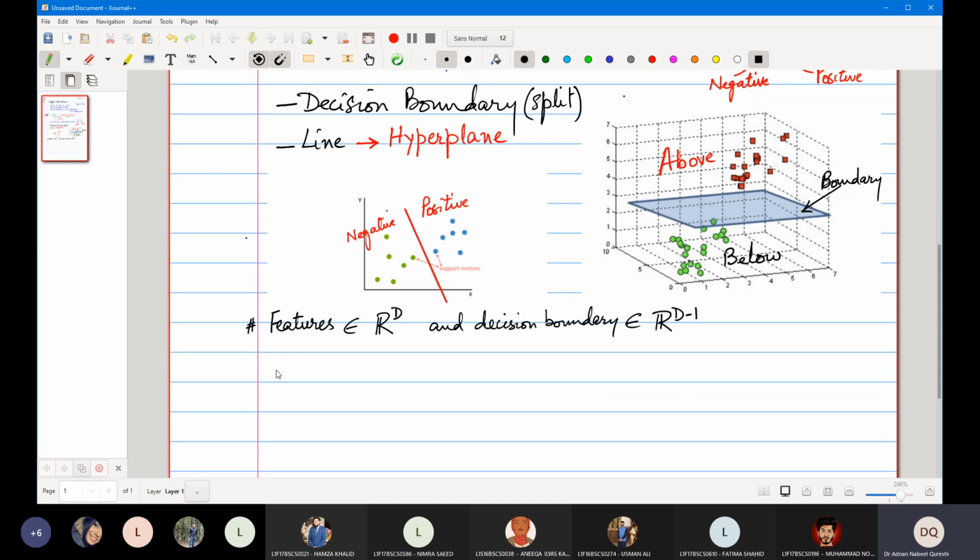So if we have 2 features, the decision boundary will belong to R2 minus 1, which is equal to R1. Now my question to you is: what is the dimension of a dot?